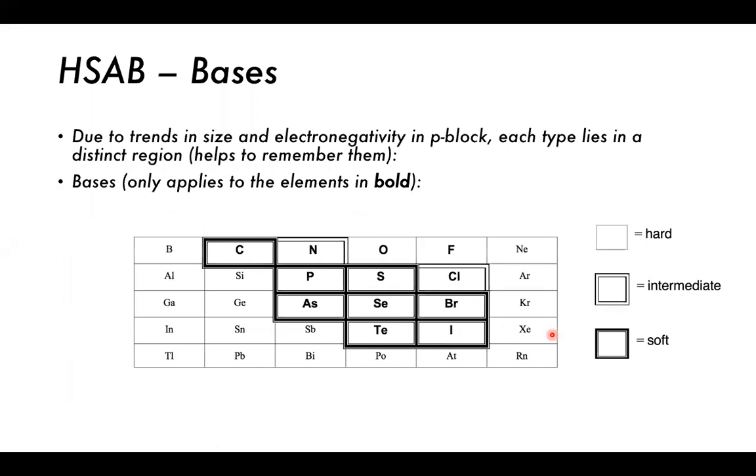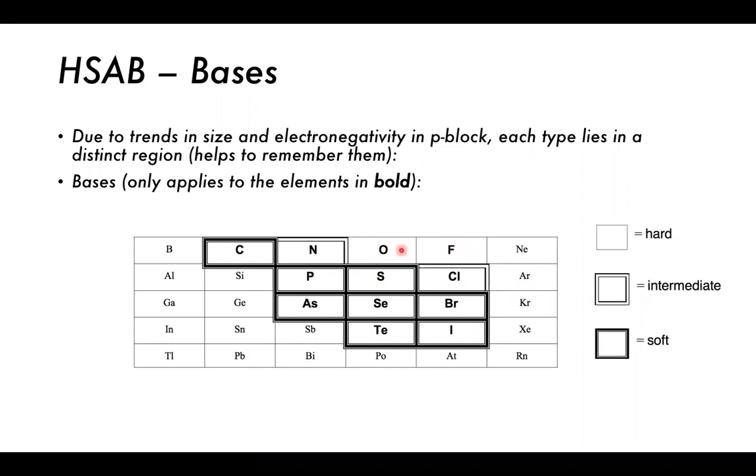So due to the trends in size and electronegativity in the p block, each type lies in a distinct region. This sort of generally helps us to remember them. So it's also kind of a little bit similar to the electronegativity scale for the Pauling electronegativity.